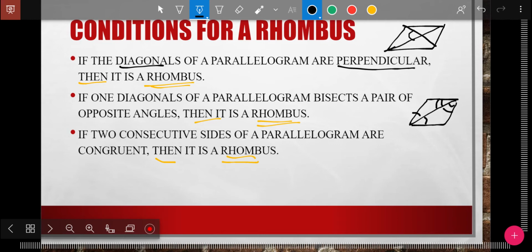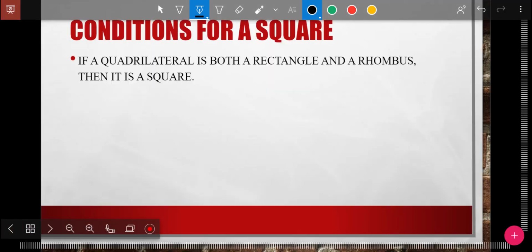Or if we know it's a parallelogram but we're not sure if it's a rhombus, and we know consecutive sides are congruent, we think of the parallelogram rule, opposite sides are congruent. So if those 2 are congruent, then all 4 are congruent. And so it would be a rhombus.